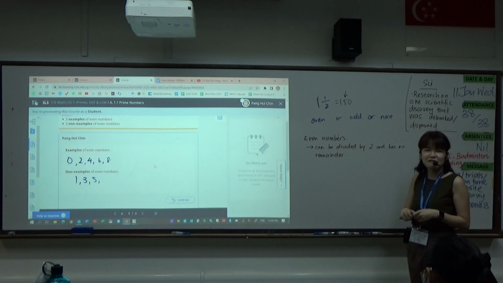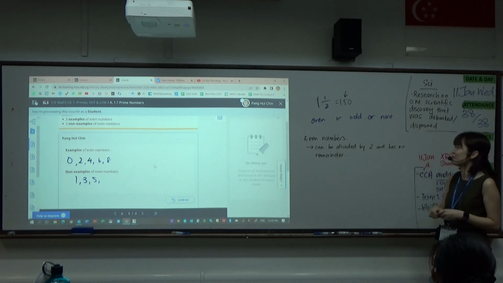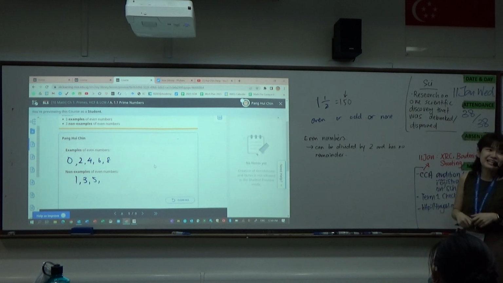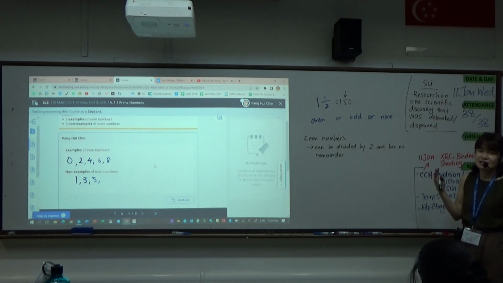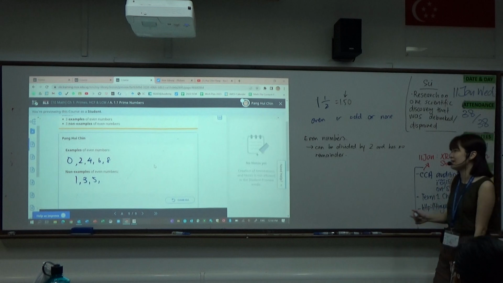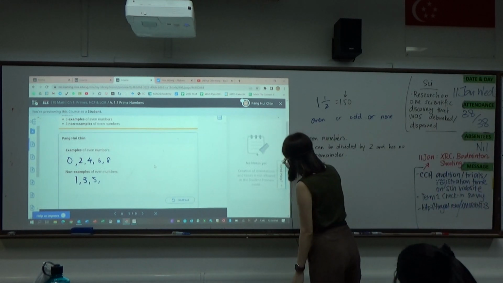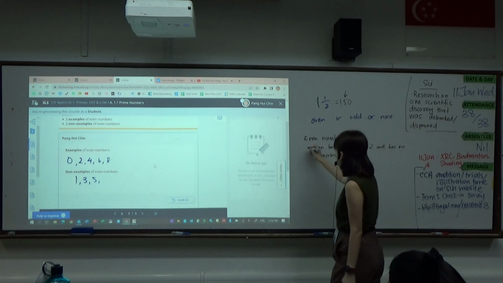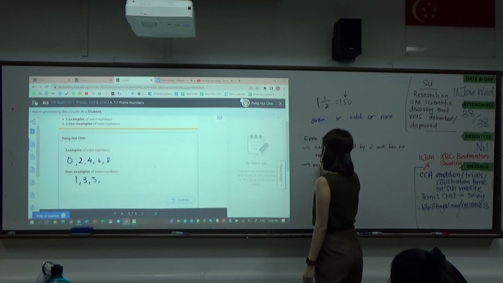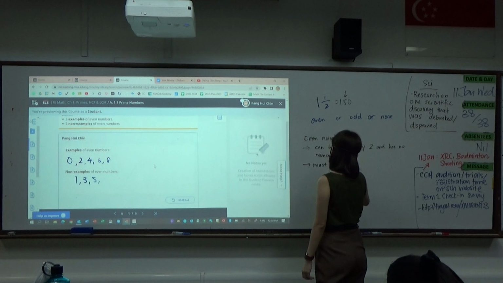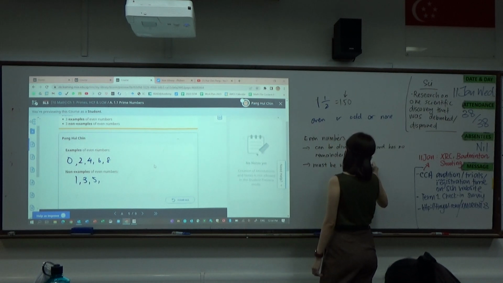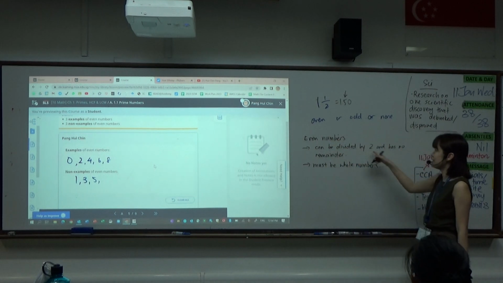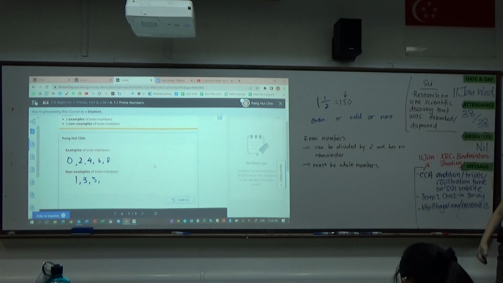I think after teaching Set 1 so many years, it's the first time that I have to address this. Okay, even and odd numbers, we are only looking at whole numbers. Even and odd numbers need to be whole numbers in the first place. So maybe to tighten this definition for even numbers, they must be whole numbers that can be divided by 2 and have no remainder.